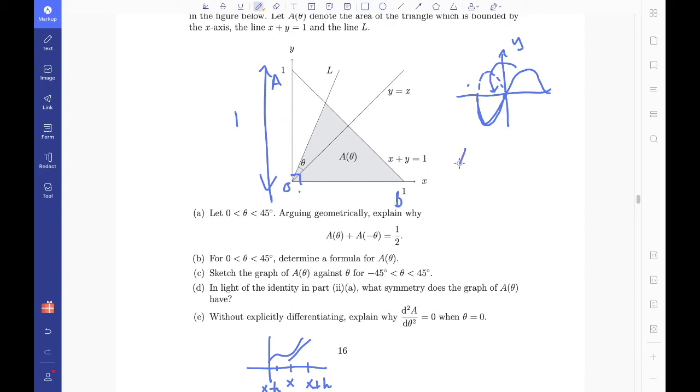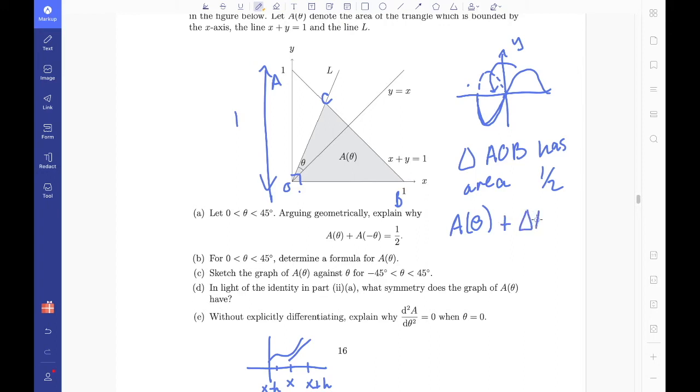The triangle AOB has area 1/2, okay? And the area AOB is made up of A theta, plus, let's call this point here C, plus the triangle AOC.